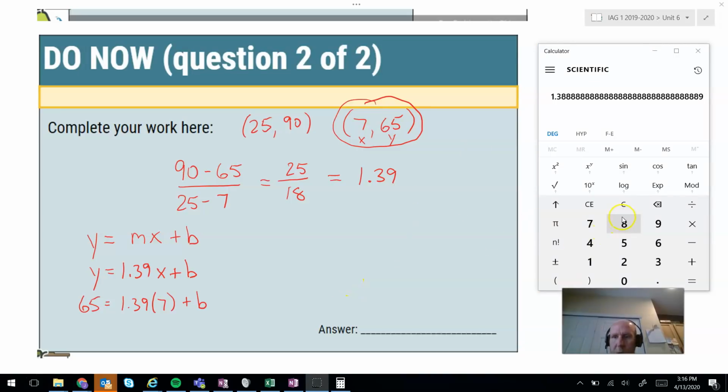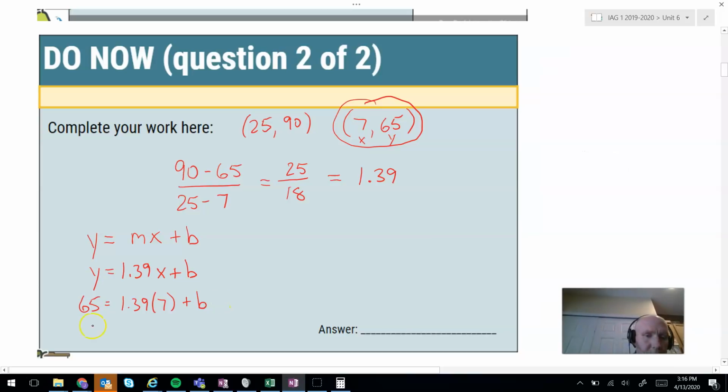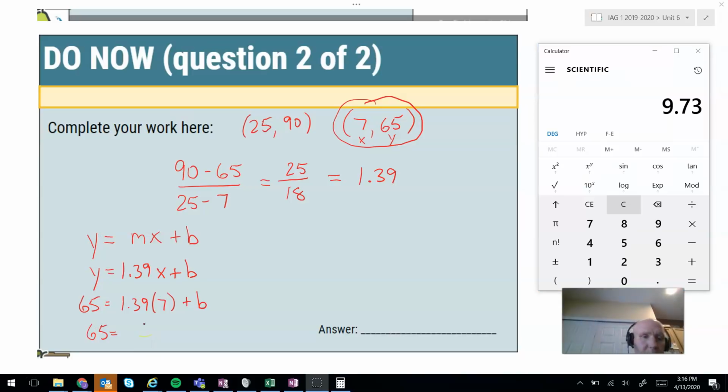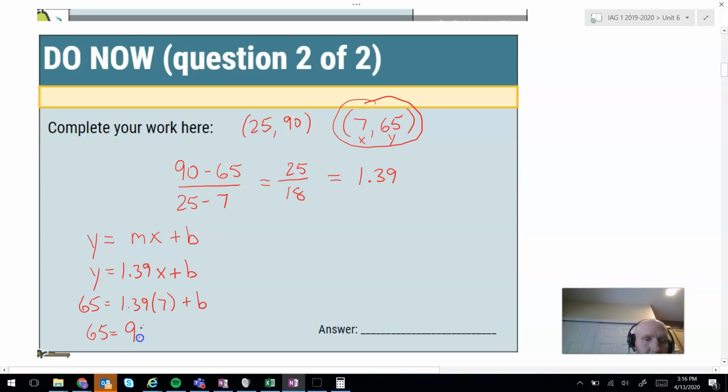So I'm just going to clear this. 1.39 times 7 is 9.73. So now we've got 65 equals 9.73 plus b.